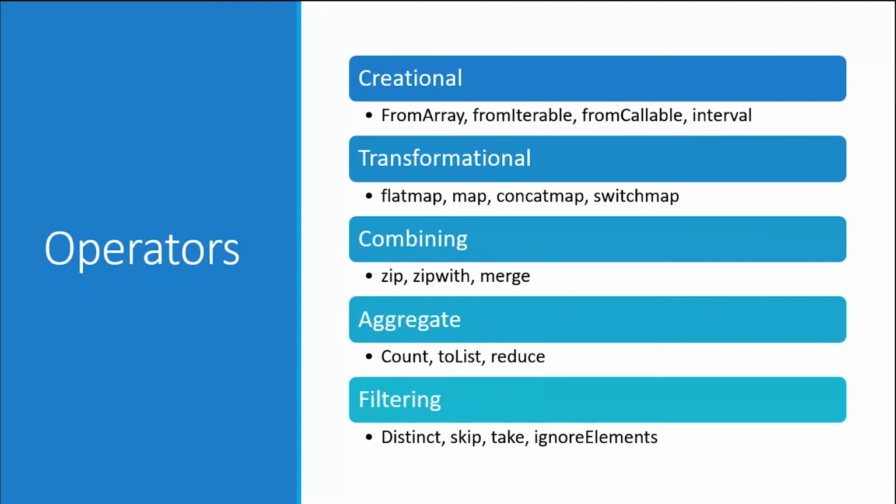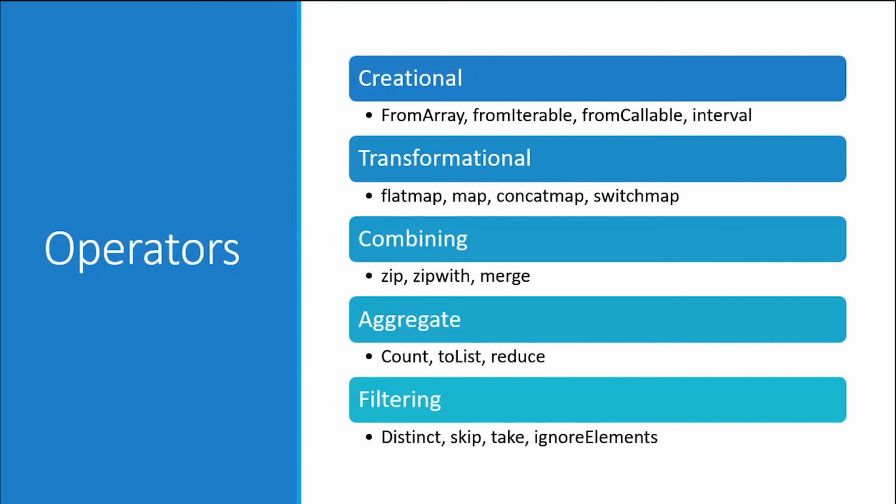Here we have zip, which can combine two, and merge, like that. If we want to aggregate the data emitted from our Flux or Mono, we have the count operator, and if we want to collect everything into a list, there are operators for that.